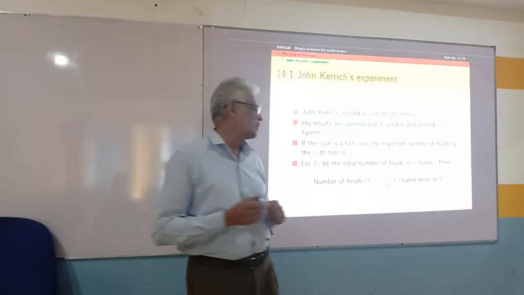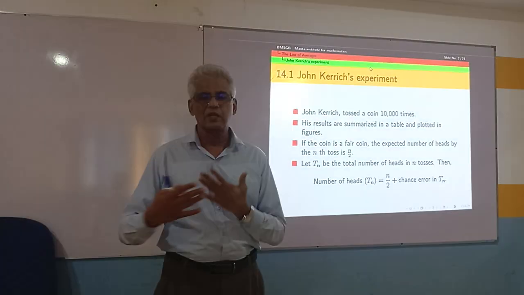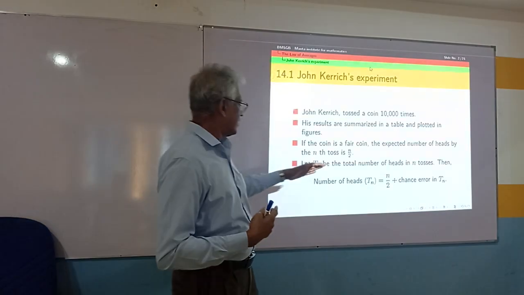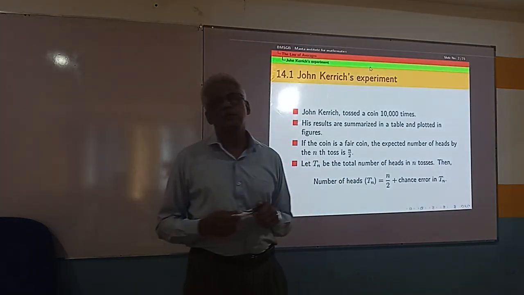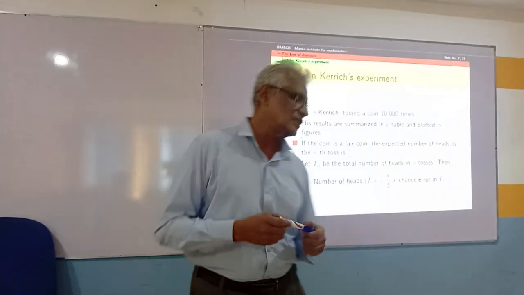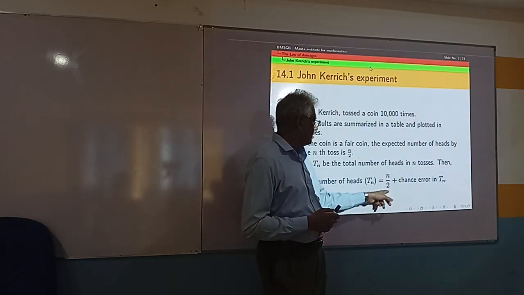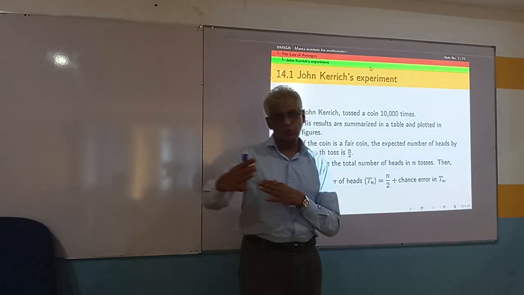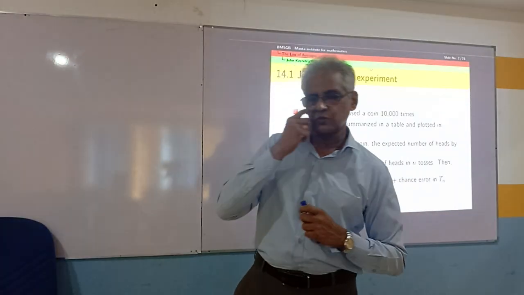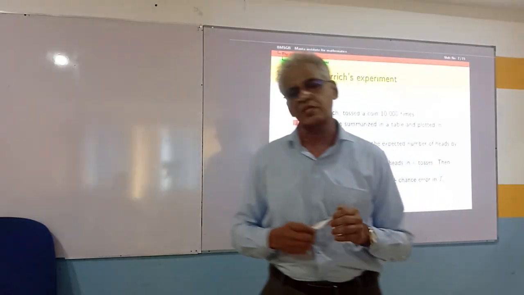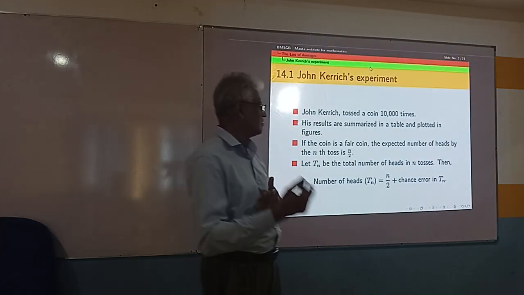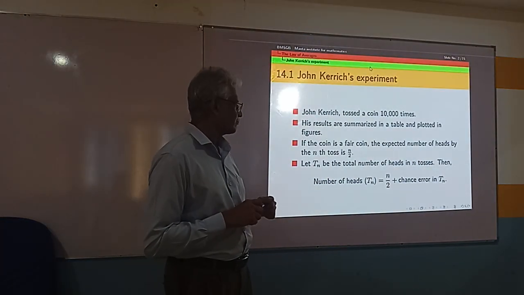So therefore, we can write down a simple model. If you write down the actual number of heads as Tn, then Tn will be equal to the expected number plus or minus some number. Right? So that plus or minus number is called the chance error. So that is the chance error in Tn.